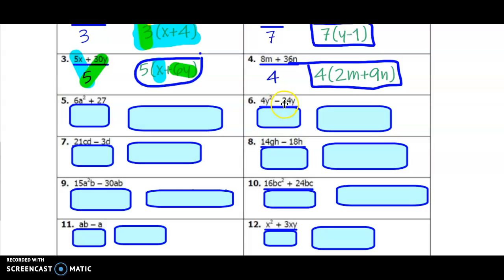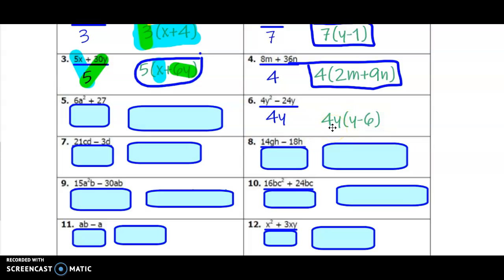So you take the smallest of the exponents. So my greatest common factor would be 4y. A 4 because that's the greatest common factor of the numbers, and a y because both terms have a y, and the lower exponent is 1, so 4y. So 4y goes on the outside.